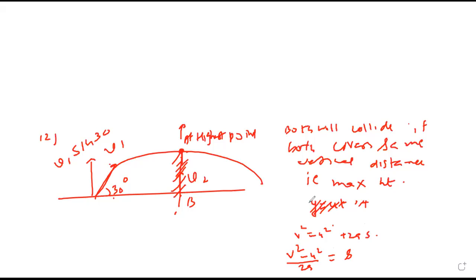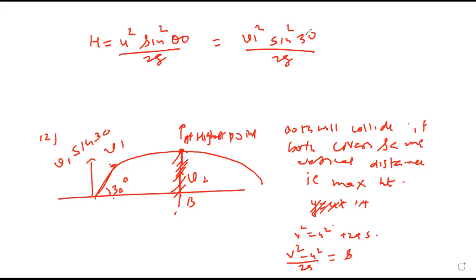और directly, if I think, इसका maximum height का formula है अपने पास. What is that formula, if you remember? u square sine square theta upon 2g. So this will be v1 square sine square 30 upon 2g. Let this be equation 1.